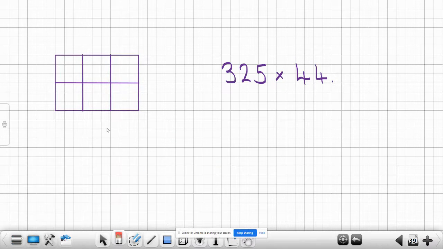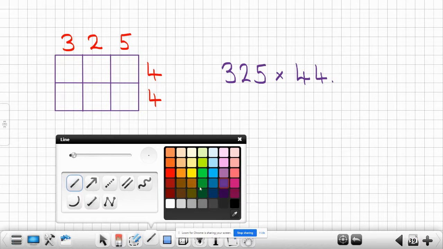so that I can put 3 digits across, 325, and 2 digits going down, 44. So you've just got to make sure that your box suits the digits that you need. Right, I'm going to change my line to red because that stood out better.